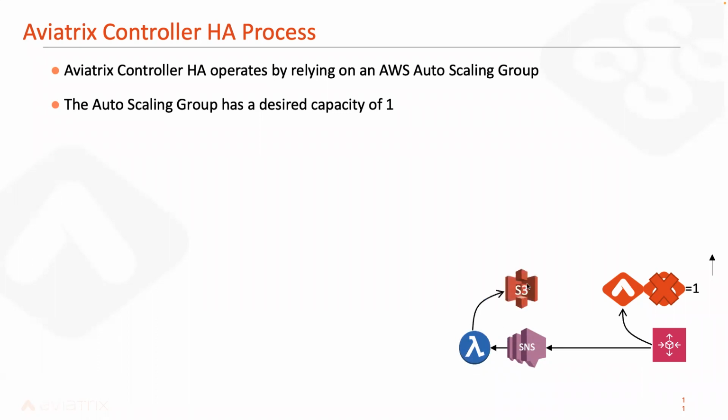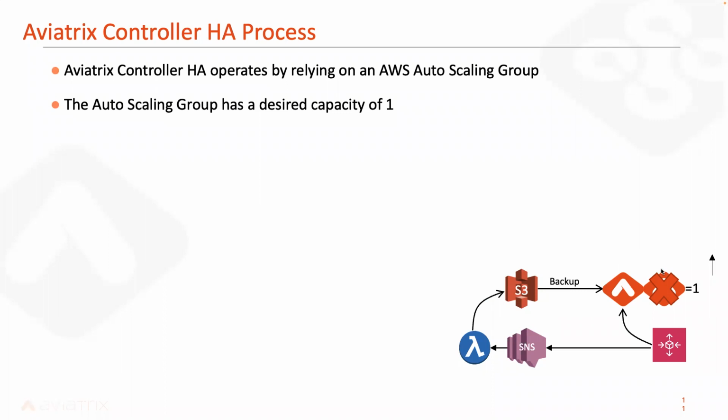The code is going to go to S3, which is the object file storage service within AWS, because this is where the backups are stored. And it's going to fetch the latest backup and push it to the controller. This will mean that now the two controllers are identical.